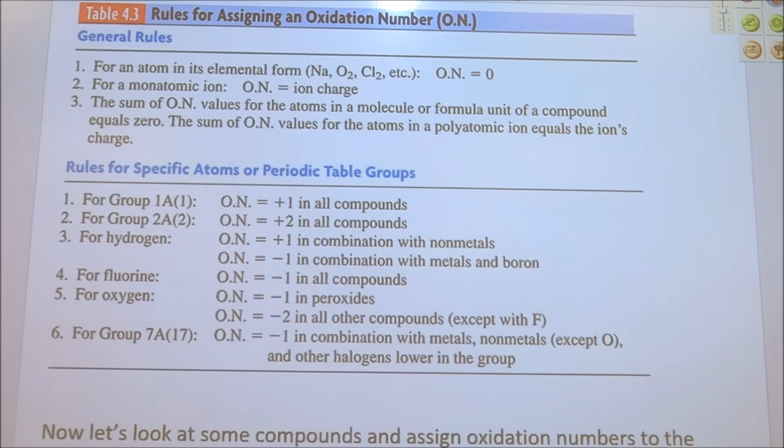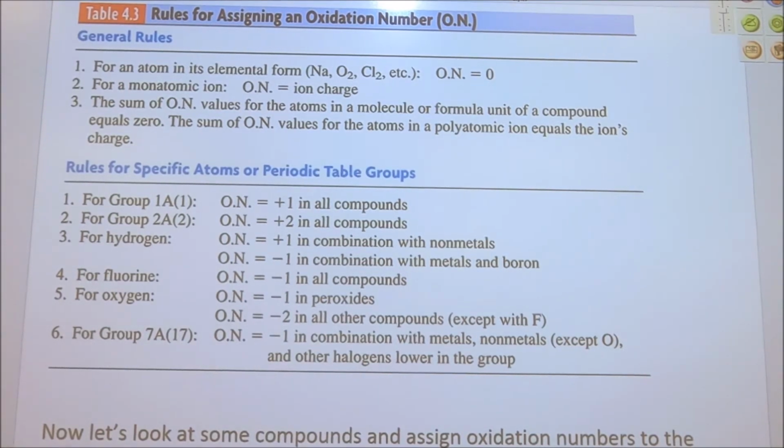Now specific rules. All group 1A, that's the alkali metals, always have an oxidation number of +1 in a compound because they only form ionic compounds where the alkali metal is going to have a 1+ charge. For group 2, the oxidation number is always going to be 2+, same reason.